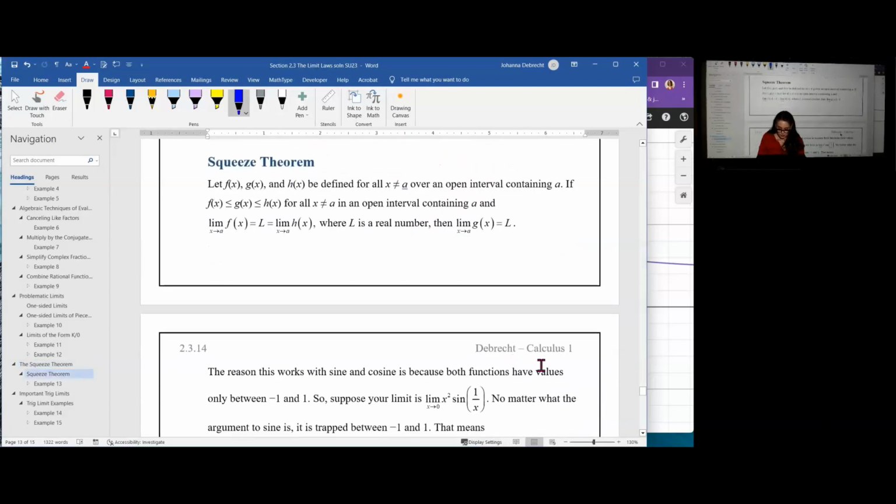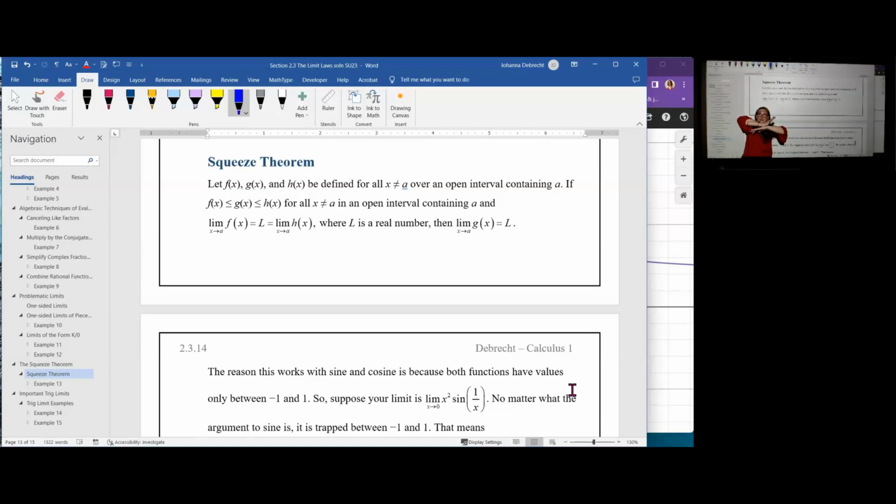Let's take a look at the formal statement of the squeeze theorem and then an example of a classic function used to demonstrate it. We're going to take three functions defined on some open interval around A, that may be undefined at A, and we're going to say that g of x is between f of x and h of x for all the values of x in that interval except maybe at A. Then we have the limit of f of x as x approaches A equals L, and the limit of the upper function, h of x, as x approaches A is also L. That means the top one and the bottom one agree.